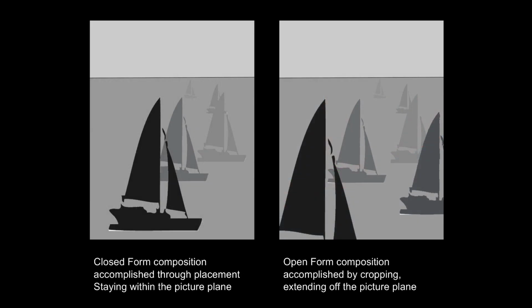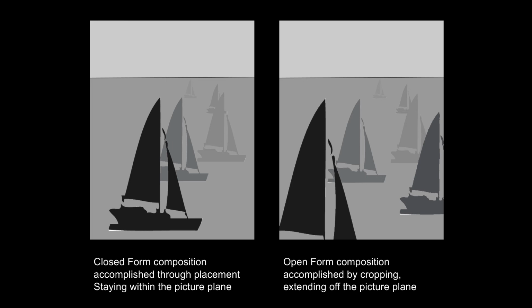So here's an example if we take that same design and we just crop it. You can see on the left, surrounded by a lot of negative space, this creates a closed form composition. Whereas if we crop it closer, the boat in the foreground, we've pretty much cropped off the actual vessel, and all we have left is the sails.